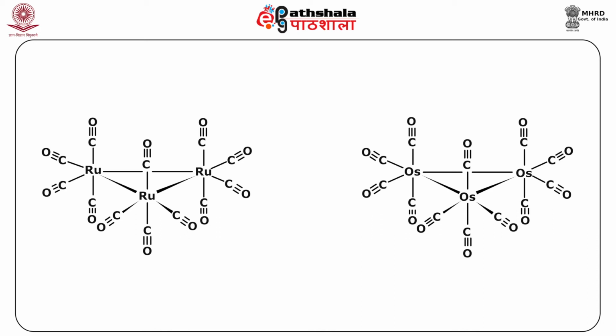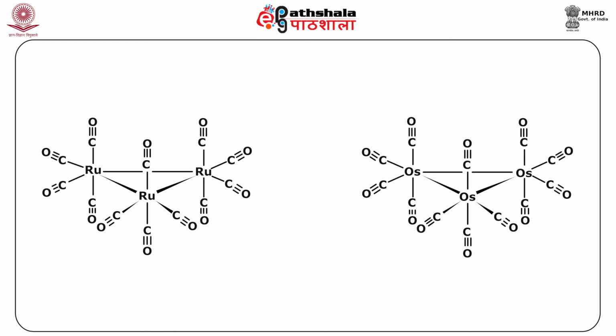And each metal atom is further attached to 4 terminal carbonyl groups and there are no bridging carbonyl groups, unlike the iron case we have discussed. So, let us look at their structure in detail, which is very similar.